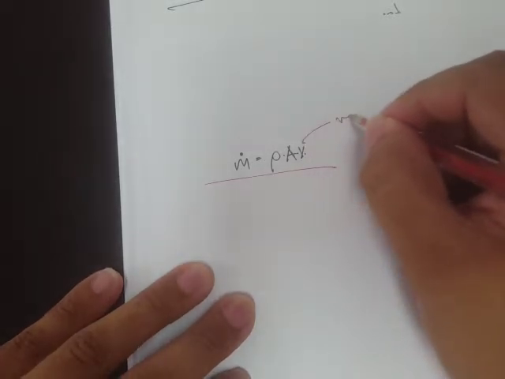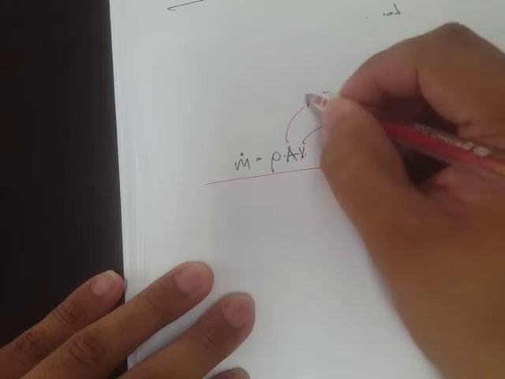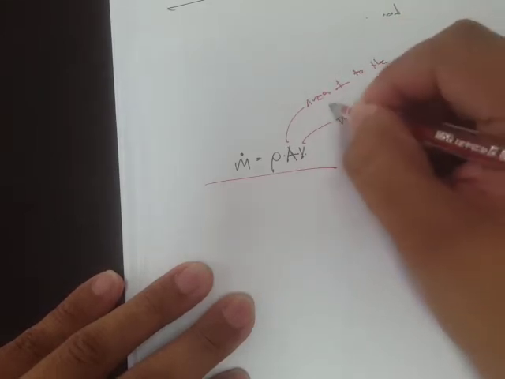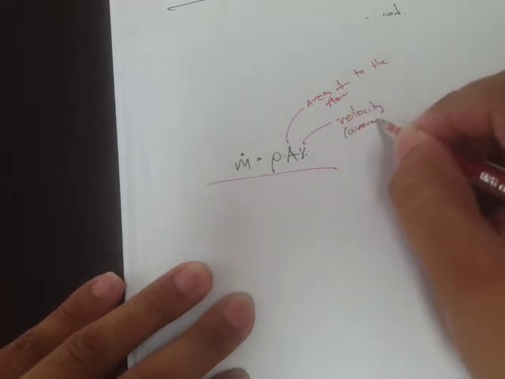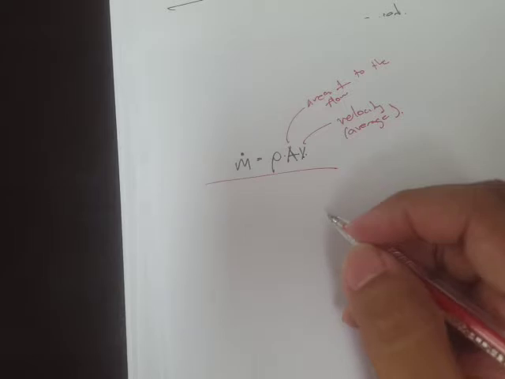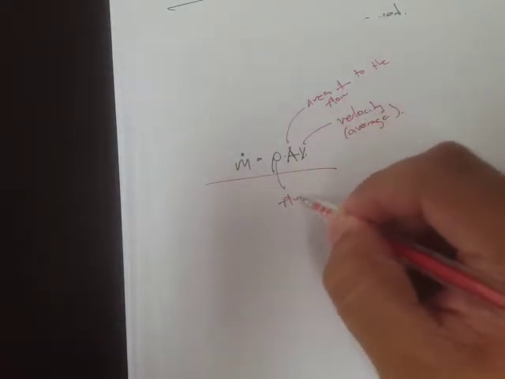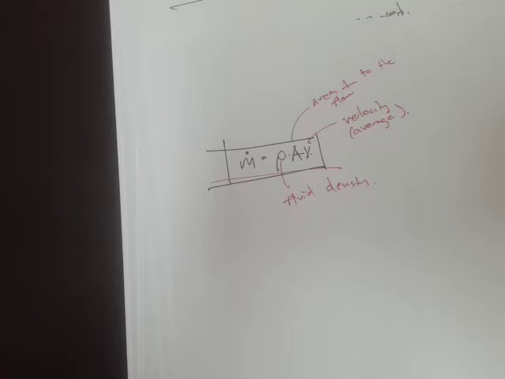A is the cross-sectional area, or area perpendicular to the flow. V is the average velocity across that cross-section, and rho is the fluid density. So this is the equation for the mass flow rate.